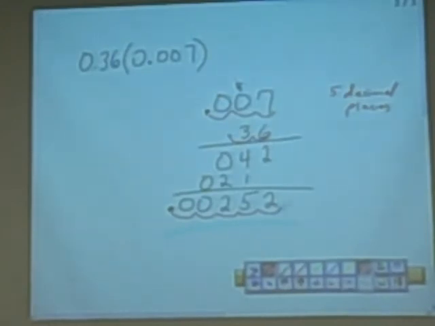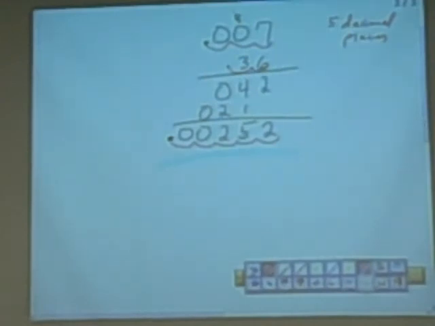So that when you go to place it, you remember to place the decimal point in the right spot. Because, let's face it, 0.00252 is a different number than 0.0252. Okay? Those are 2 totally different numbers. So you don't want that one.